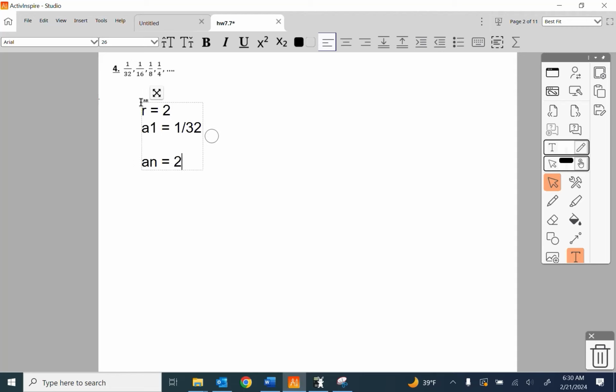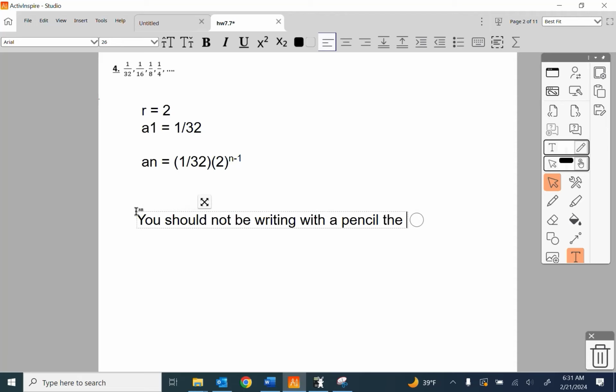The nth term is the first term of 1/32 times 2 exponent n minus 1. It'll be interesting to see how many of you write it like this or how you actually write it properly. Now, you should not be writing with a pencil the way I'm typing this.